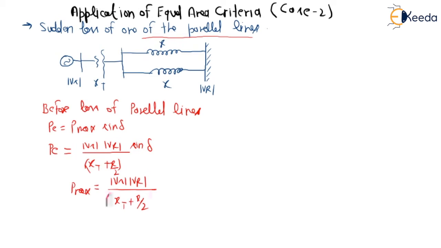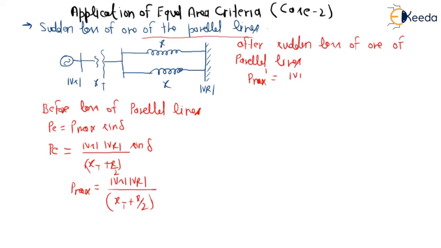So what will happen after sudden loss of one of the parallel lines? This will be removed, and now we can write P max dash basically.